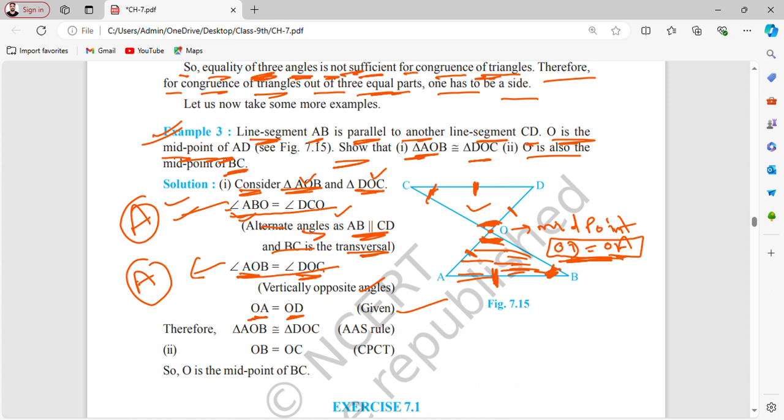So this relation represents S. So angle side angle. By this rule, we can write that triangle AOB and triangle DOC are congruent by the rule AAS, or angle side angle rule of congruency.